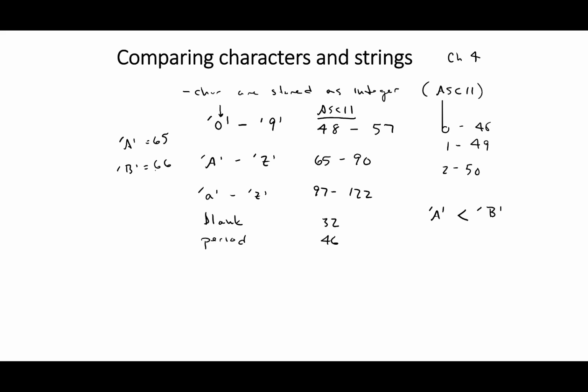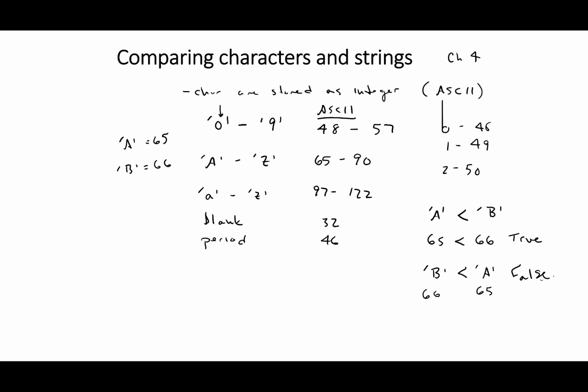So this statement is literally comparing, is 65 less than 66? This is true. If we had, say, is 'B' less than 'A', now this is comparing is 66 less than 65. It isn't, so this statement would be false.